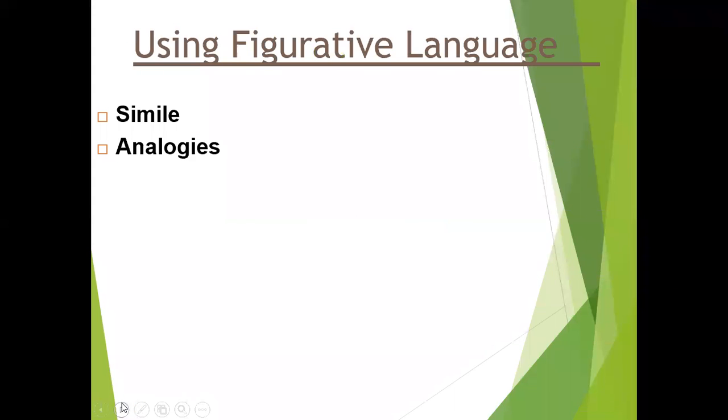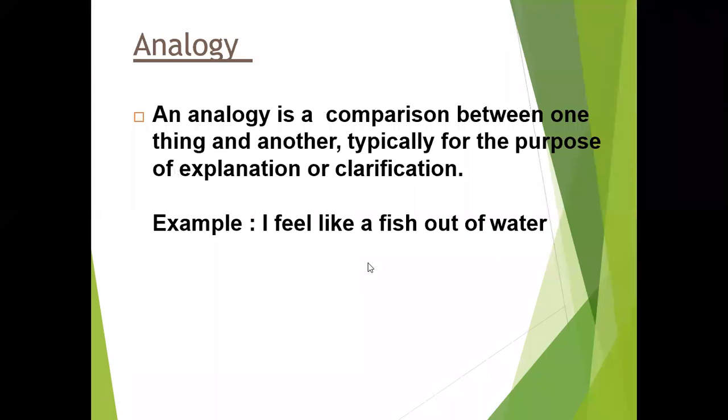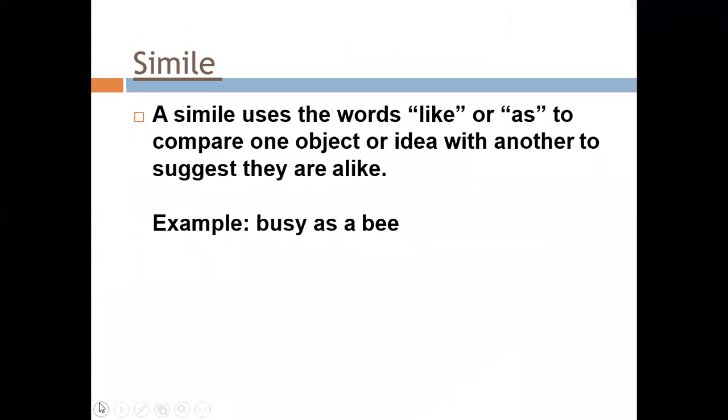Okay, we are going to skip this. All right, so we have one more example here. I think our time is going to be over now. Let me explain what a simile is. A simile uses the words like or as.